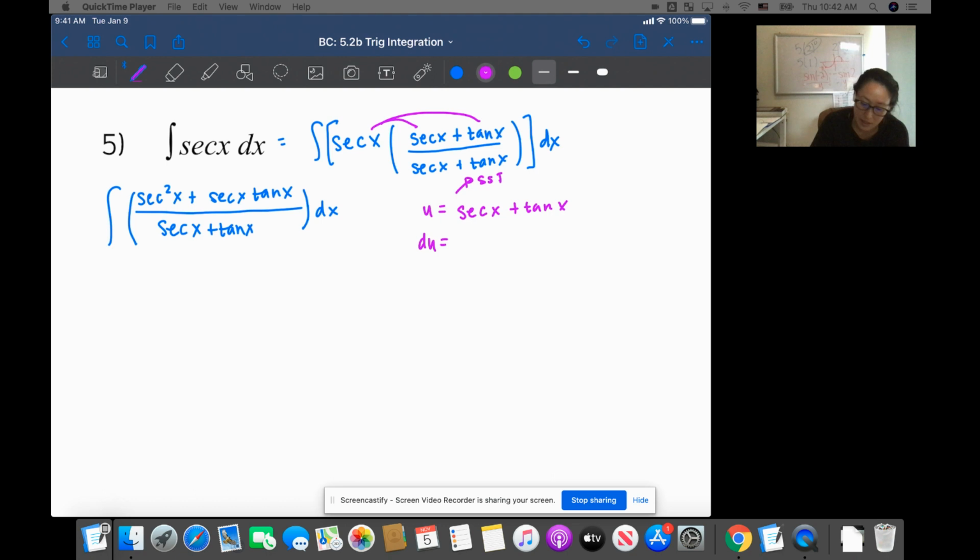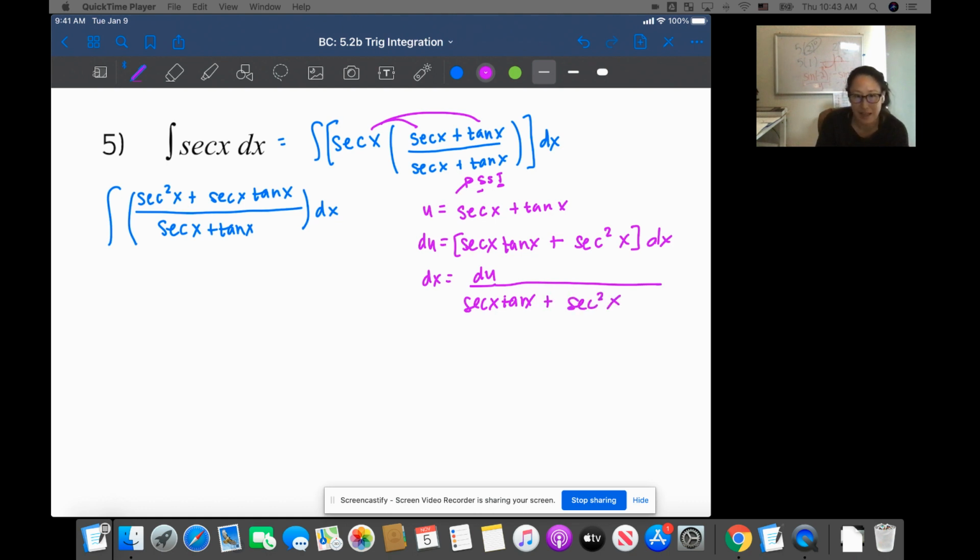So the derivative of secant is secant tangent, secant x tangent x, plus the derivative of tangent, go back the other way, is secant squared x. Okay? So dx is equal to du over secant x tangent x plus secant squared x. Oh, isn't that nice?